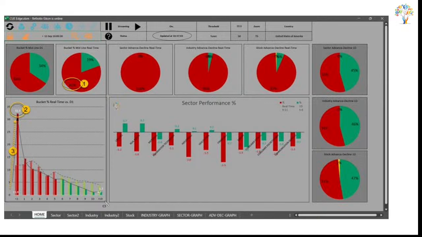Like Q Finder's technical breadth, this bucket analysis from Q Edge is also immediately actionable. Looking at Q Finder, you could start to look for buy candidates, and looking at bucket analysis being extremely oversold, you could anticipate a recovery. See how it improved from more than 30% of stocks below lower Bollinger Band in the morning session.